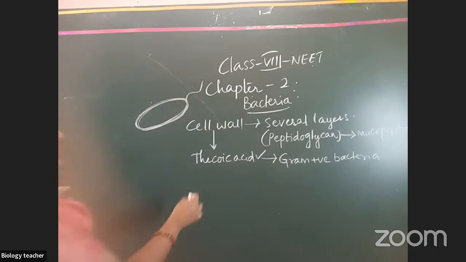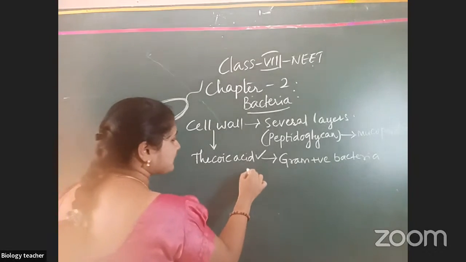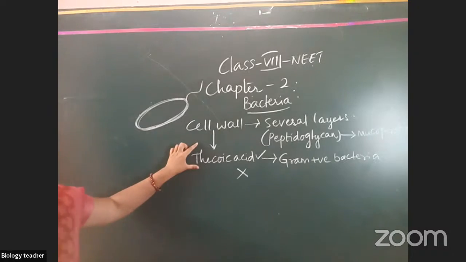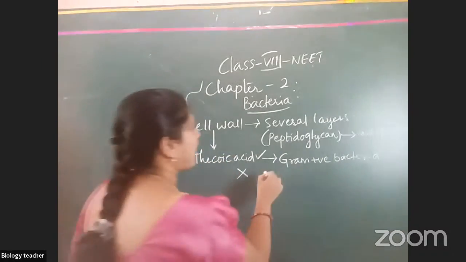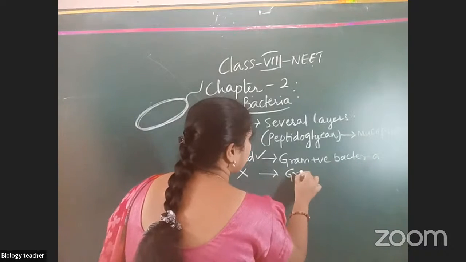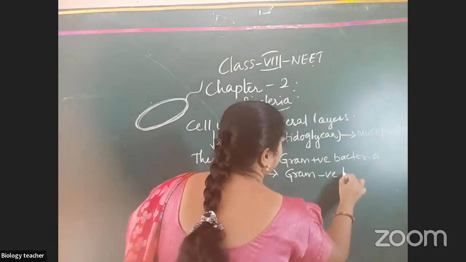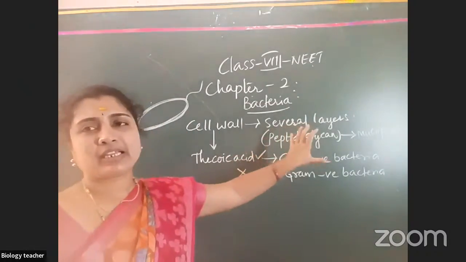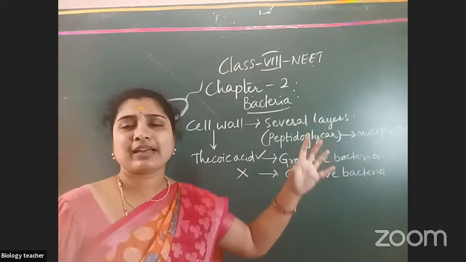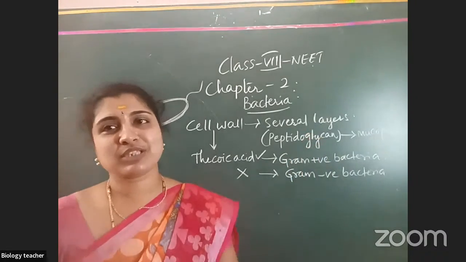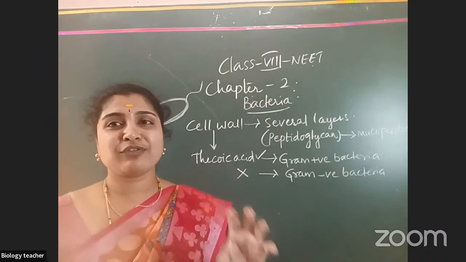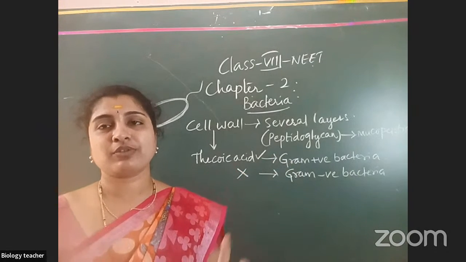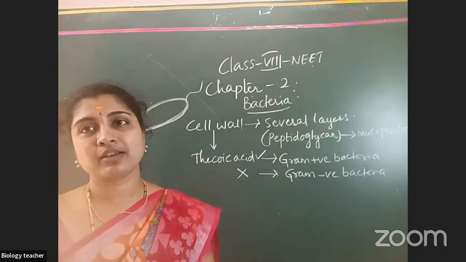If the teichoic acid is absent, then that is known as gram-negative bacteria. Both gram-positive and gram-negative bacteria are made up of cell walls. What is the difference? The presence of teichoic acid. If teichoic acid is present, gram-positive; if absent, gram-negative.